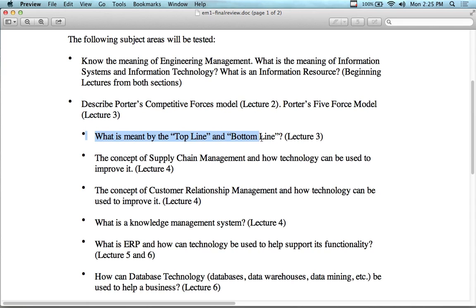As we go through, you can ask me questions as well. But this top line, bottom line thinking, I actually use that a lot. If you look at lecture number 3 as an example, it defines what the top line and the bottom line mean. Am I reducing an expense? Am I making my overhead easier?